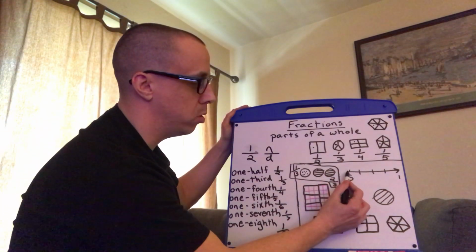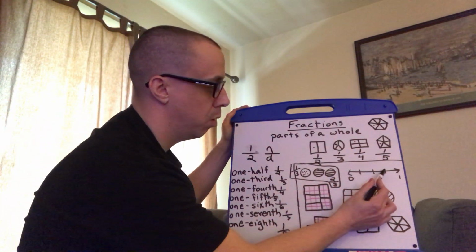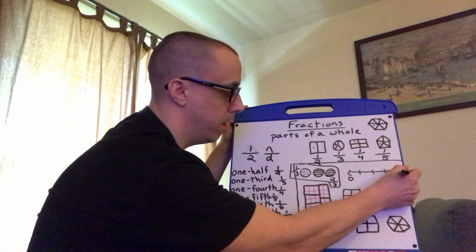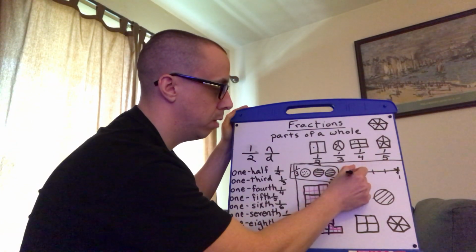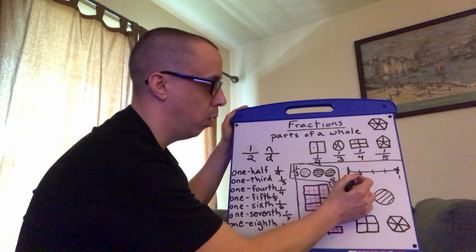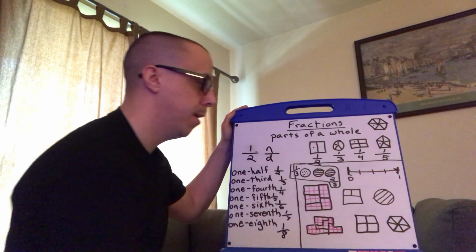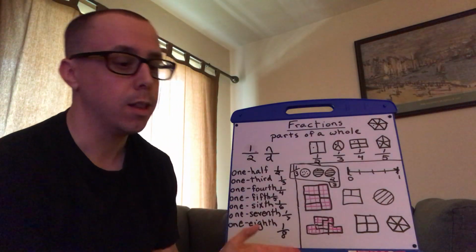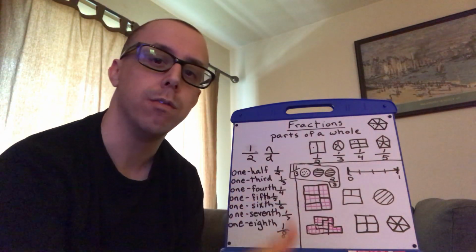Starting at 0, and I see 1, 2, 3, 4. I have to go right up to 1. From 0, starting at 0, okay, 1, 2, 3, 4. So it's divided into 4 equal parts. So each line represents one of those parts.